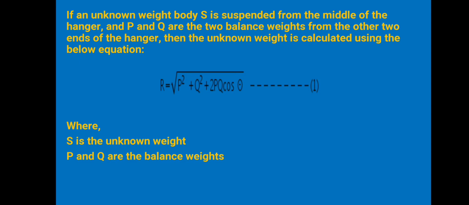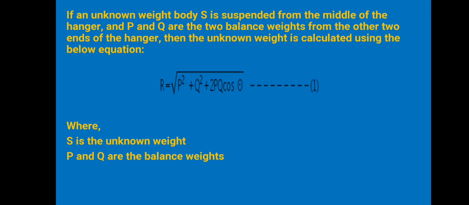If an unknown weight body S is suspended from the middle of the hanger and P and Q are the 2 balance weights which are known, from the other 2 ends of the hanger, then the unknown weight is calculated using the below equations.